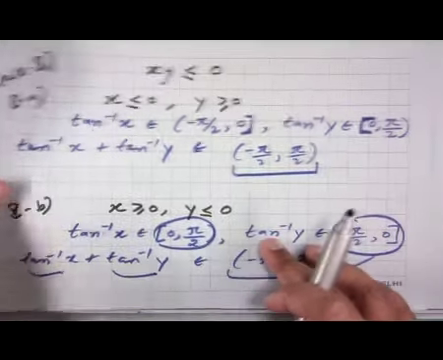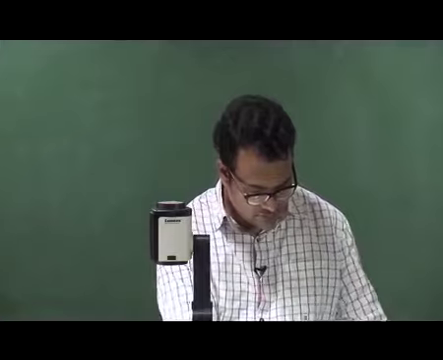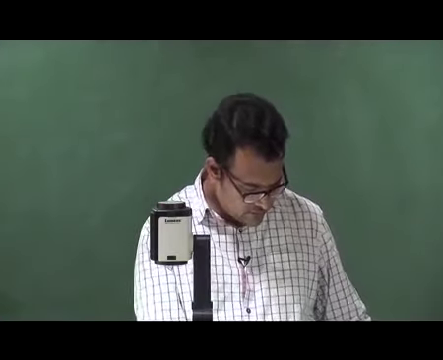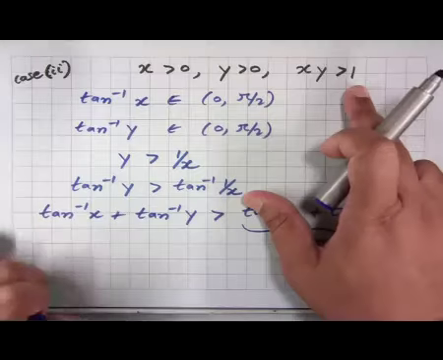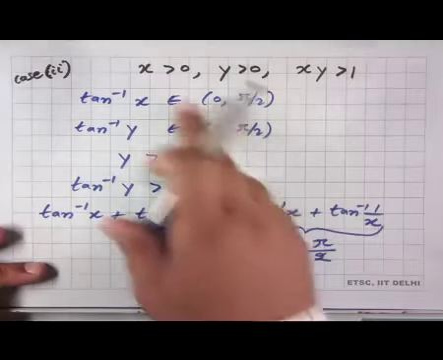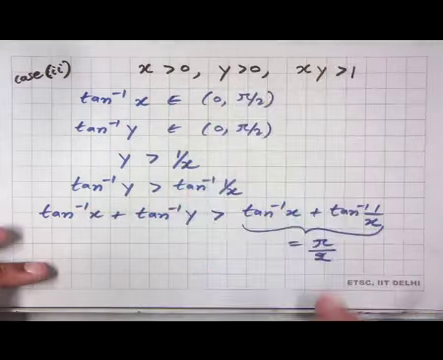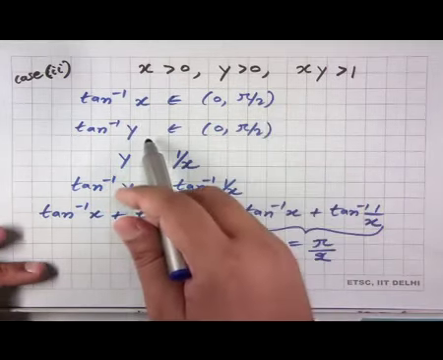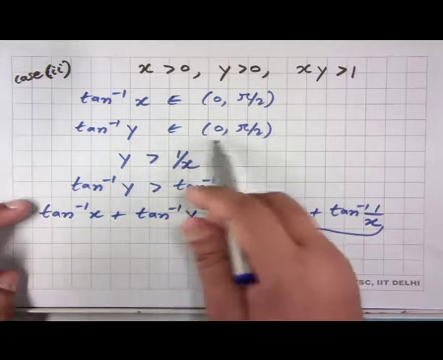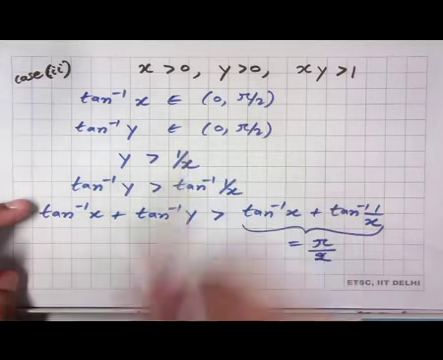The other two cases are also not very difficult. One case is where xy is greater than 1 and both x and y are positive. In this case, tan inverse x will belong to 0 to pi by 2, and tan inverse y will belong to 0 to pi by 2 again, because both of them are positive.